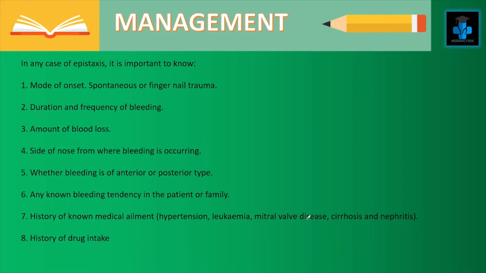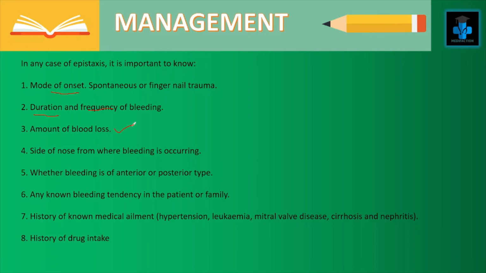Now let's move on to the management of epistaxis. In any case of epistaxis, it is important to know the mode of onset of the epistaxis, whether it is spontaneous or fingernail trauma. The duration and frequency of the bleeding is also very important.